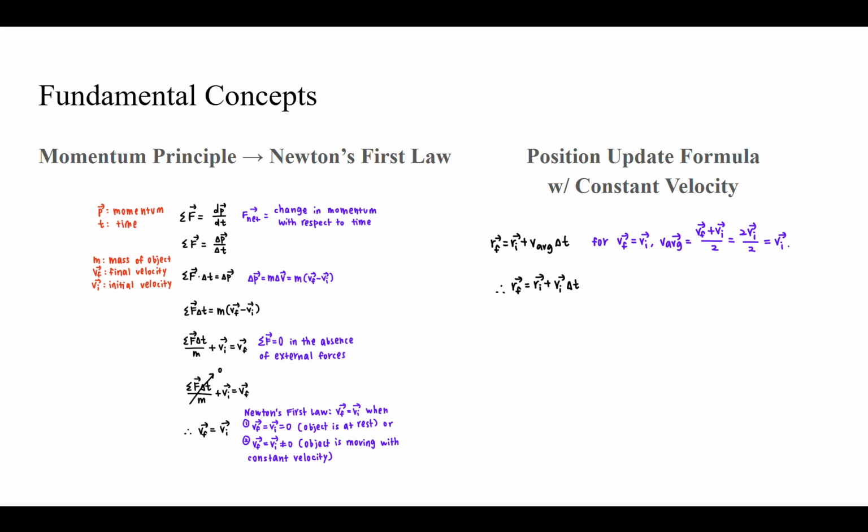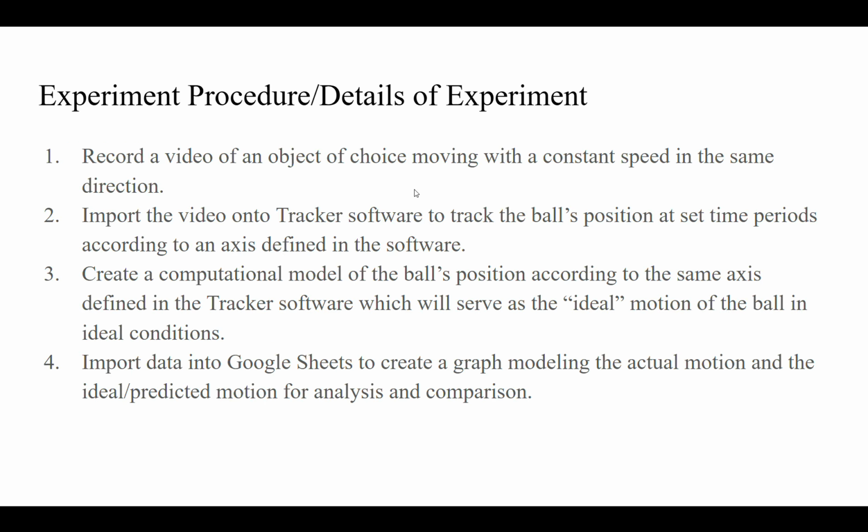In the situation that there are no external forces, or F net equals zero, it turns into Newton's first law, where the final velocity equals the initial velocity, meaning the object is either at rest if it equals zero, and if it's non-zero, it's moving with a constant velocity. The position update formula also gives that you could take the average velocity to be the initial velocity when the net force equals zero.